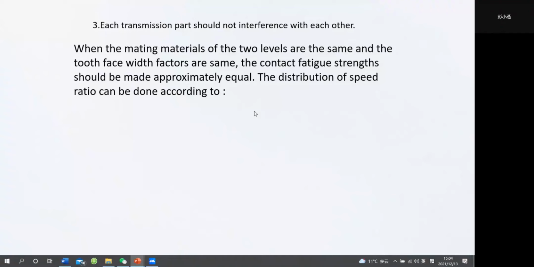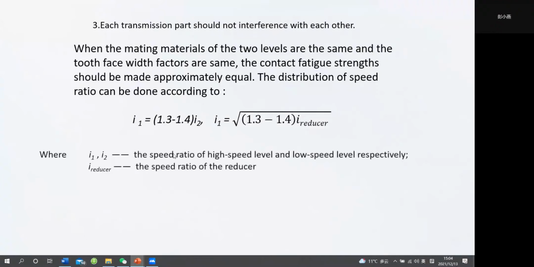The distribution of speed ratio can be done according to this. i1 and i2 mean the speed ratio of the high speed level and the low speed level respectively, and i reducer is the speed ratio of the reducer.